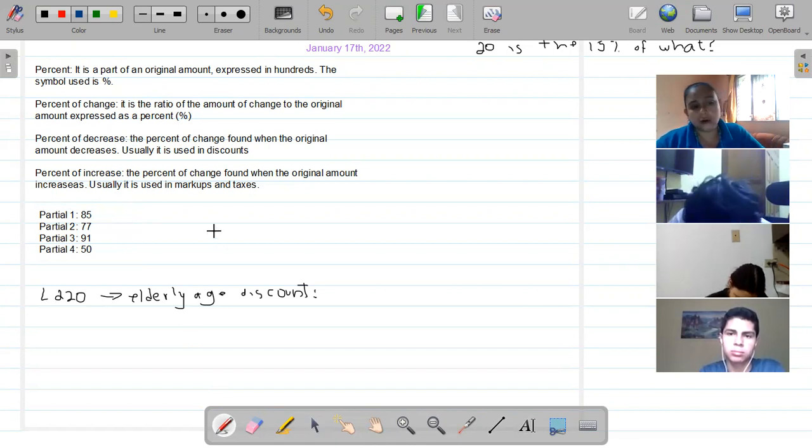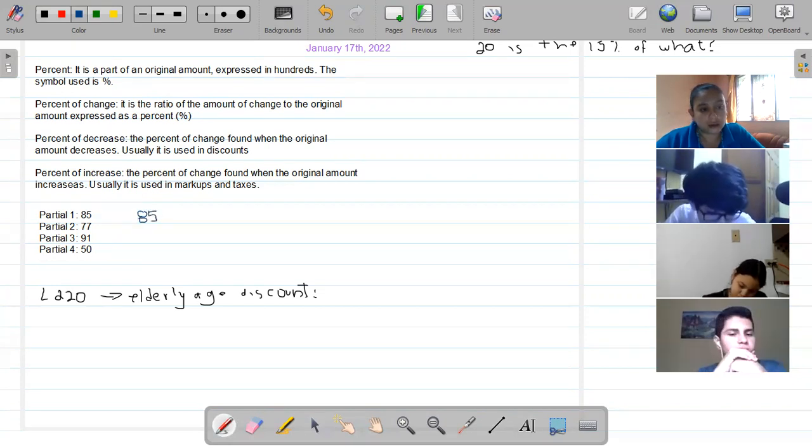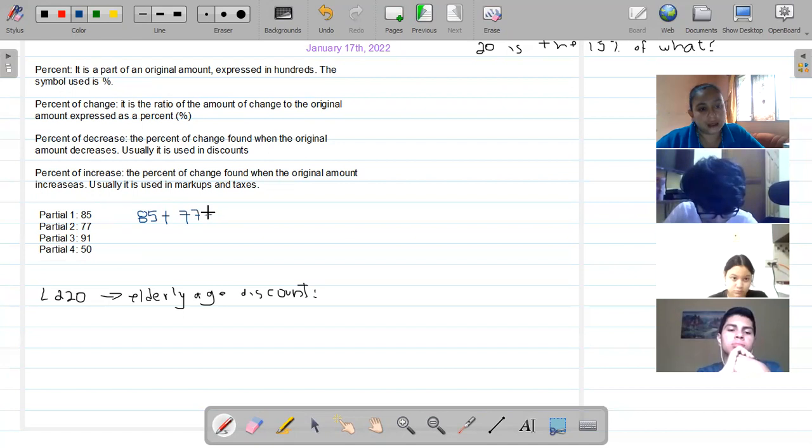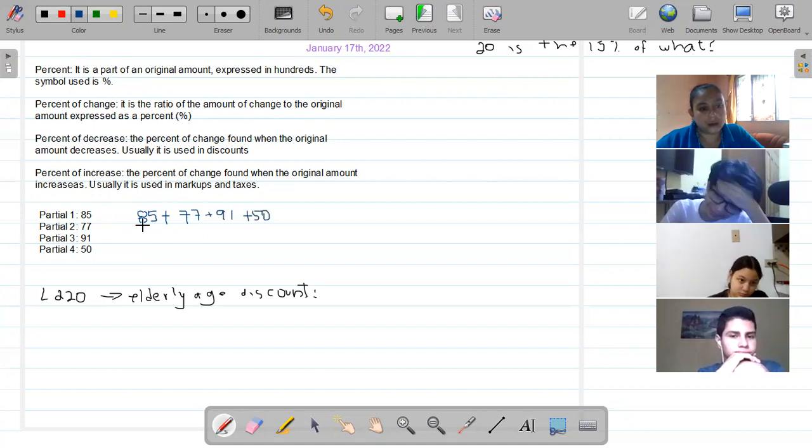So what should we do when it is the mean? We add all of the values. We do not need them in order from smallest to greatest, because it is the median that needs the values in order, not the mean. So we add them all up and we divide by 4.